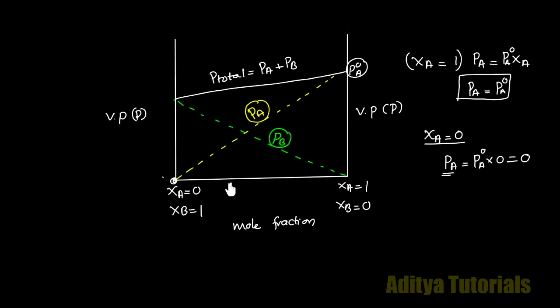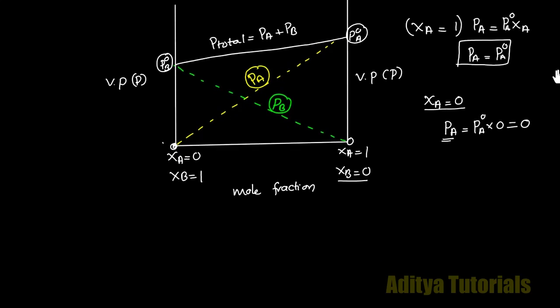Similarly, in the plot of the partial pressure of B against the mole fraction of B, you will find a straight line that passes through P naught B when the mole fraction of B is equal to 1 and passes through 0, or the origin, when the mole fraction of B is equal to 0. And therefore, we can conclude a few points here. When you add up the partial pressures, you will get the total pressure.